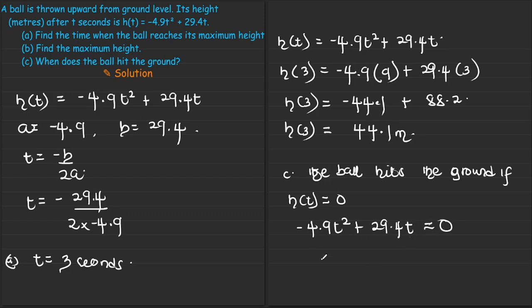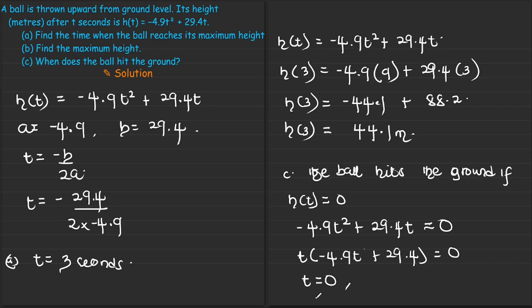So using a method of factorization, we can say t times negative 4.9 t plus 29.4 is equal to 0. All I've done here is there is t squared here and a t here, so I'm factorizing one of them out. With that, we can equate t to be equal to 0.